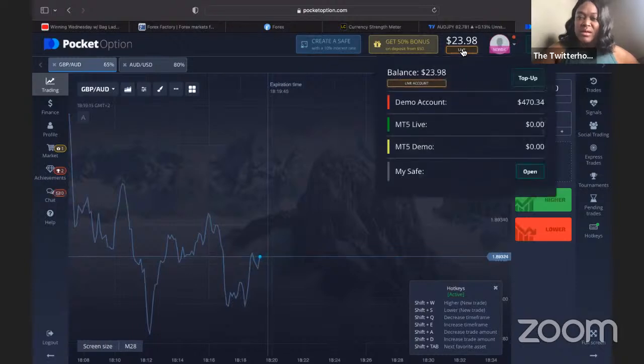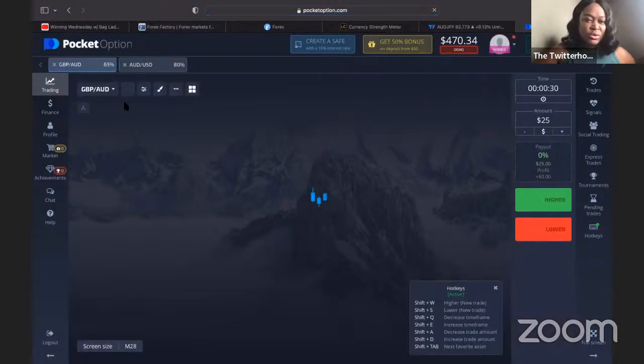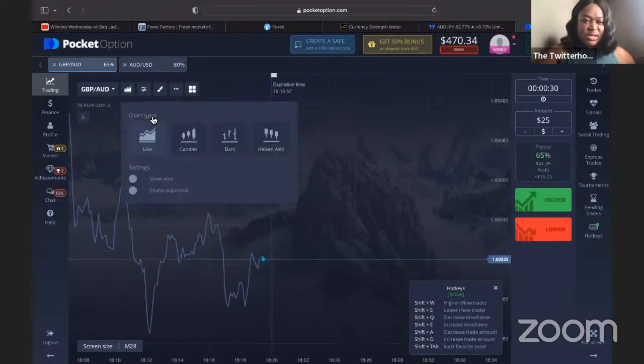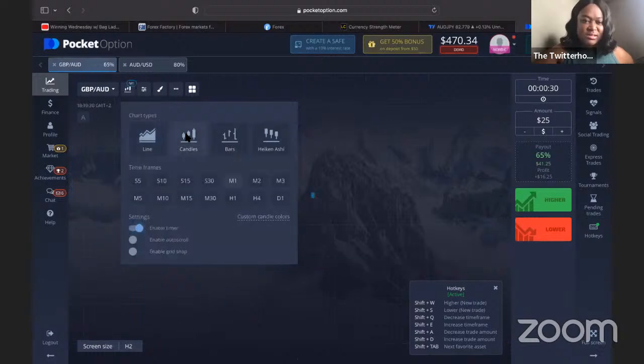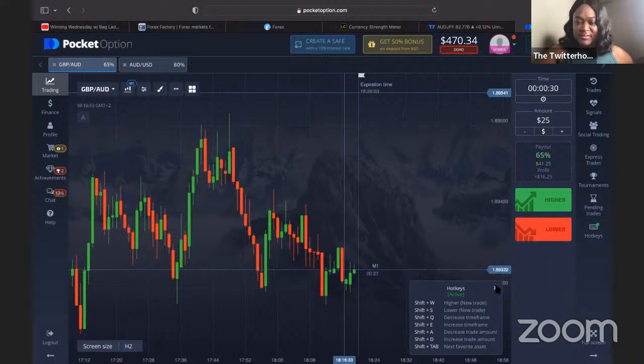Okay. All right. So here we are, demo account. And when you log into your demo account, it should have these candles. And it should look like this.